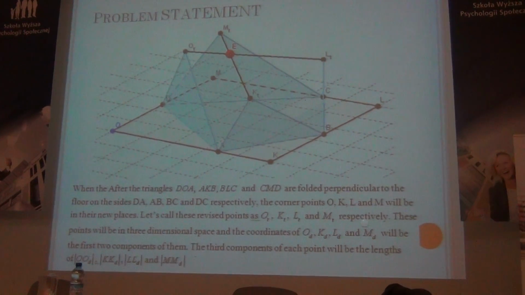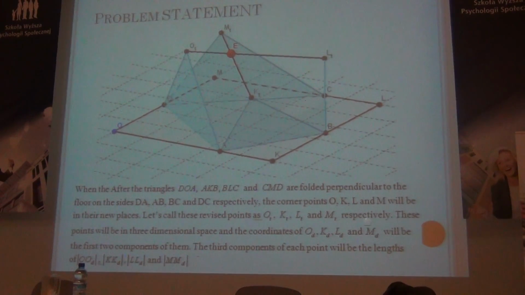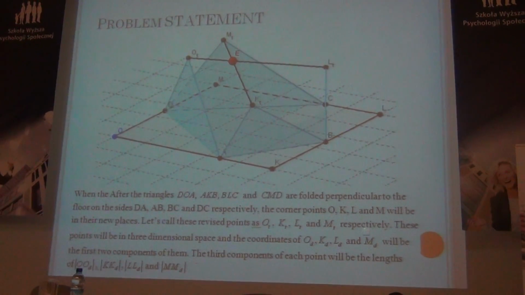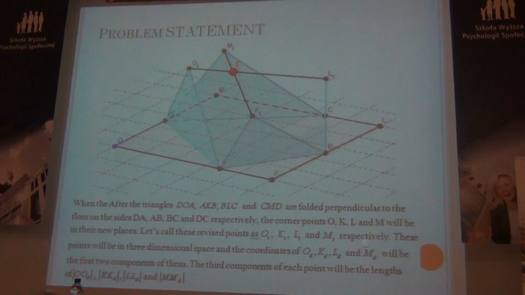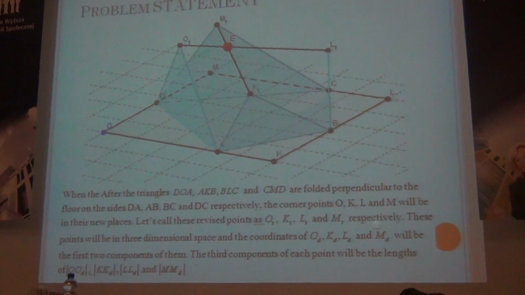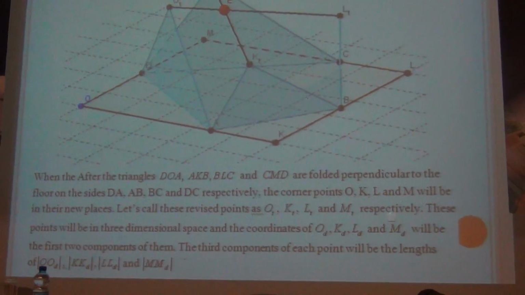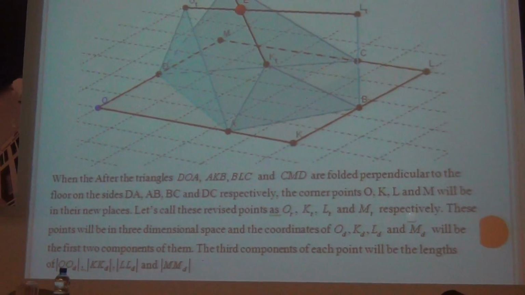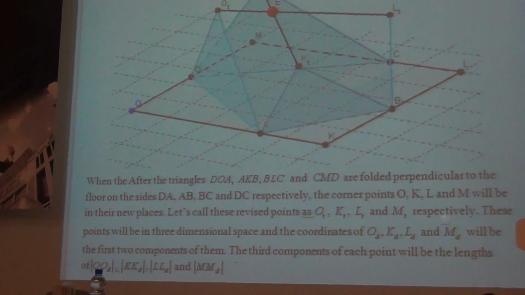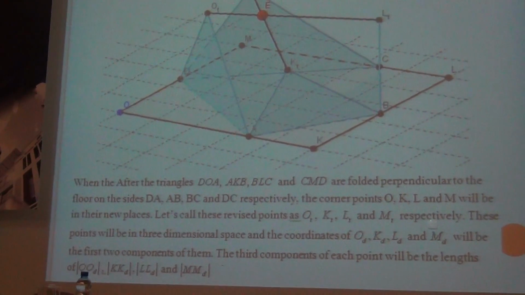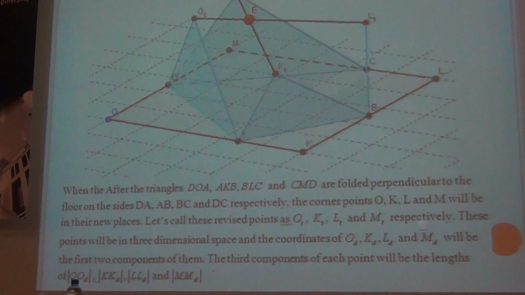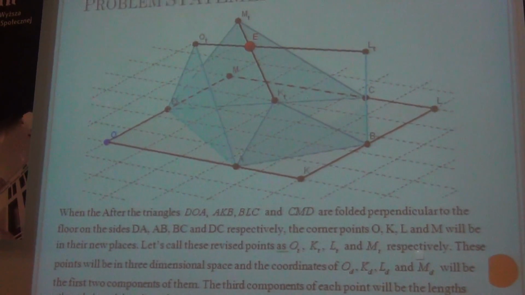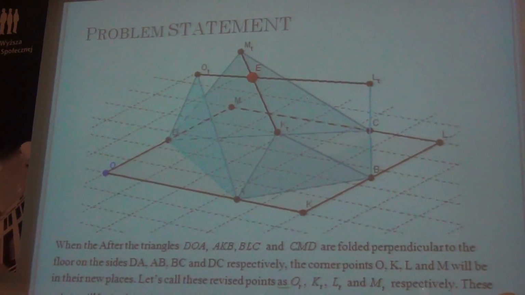Let's call these new points O_T, K_T, L_T, and M_T respectively. These points will be in three-dimensional space. The first two components of their coordinates are those of O_D, K_D, L_D, and M_D. The third component of each point will be the length of the segments OO_D, KK_D, LL_D, and MM_D.